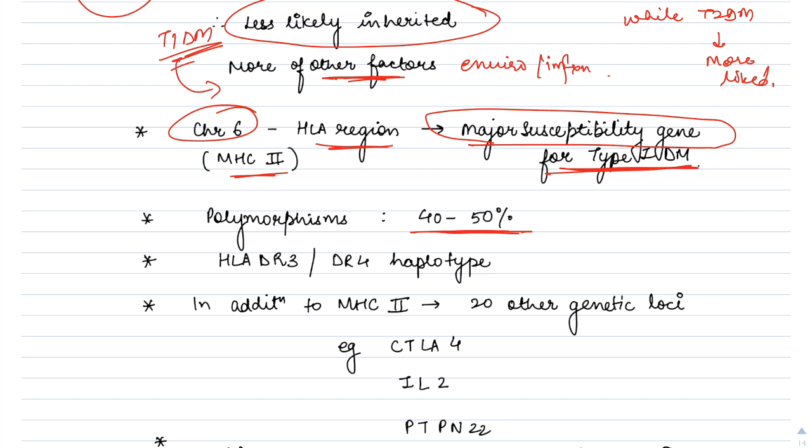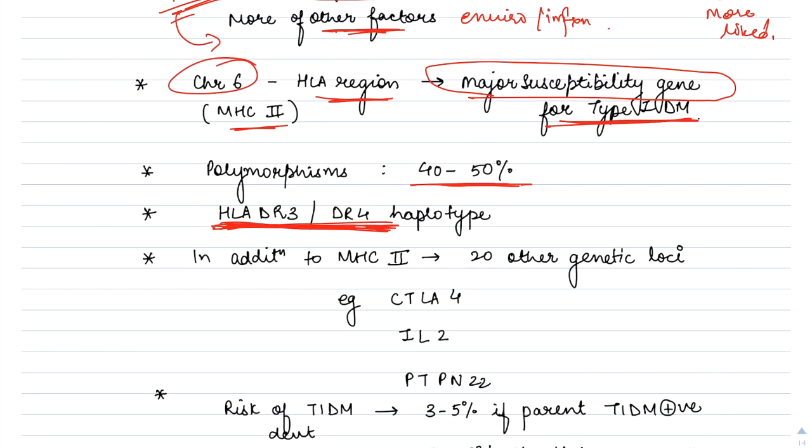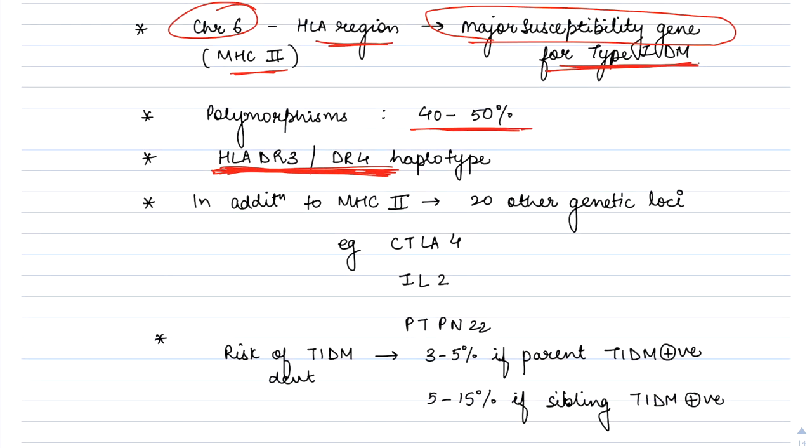The HLA haplotypes associated with type 1 are DR3 and DR4.